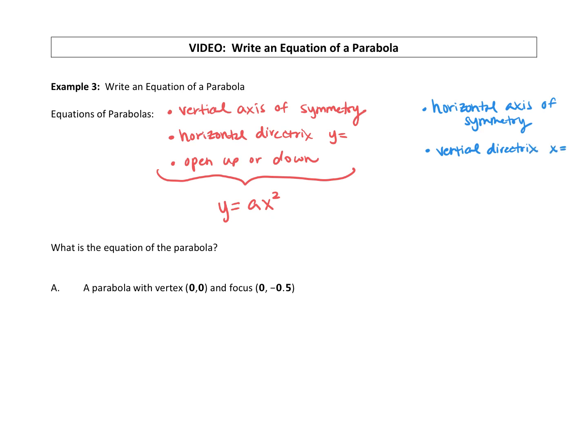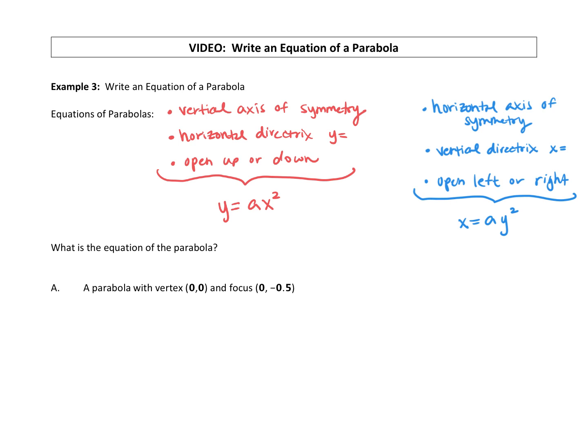These parabolas will open left or right. If your parabola has those characteristics, and if it has one, it will have all of them, the equation is x equals a times y squared.